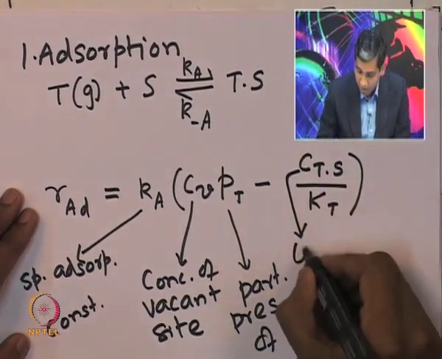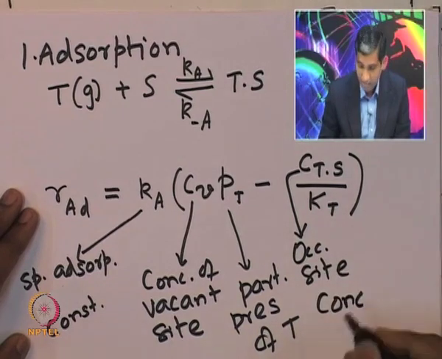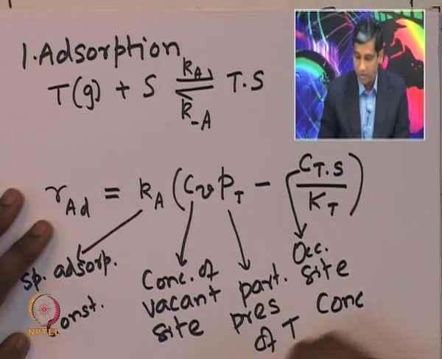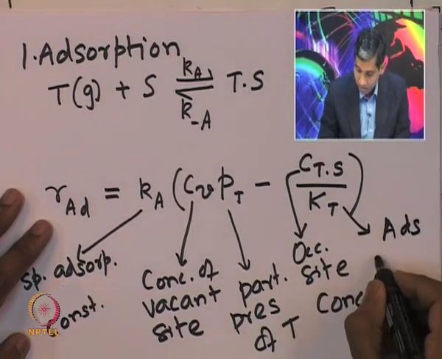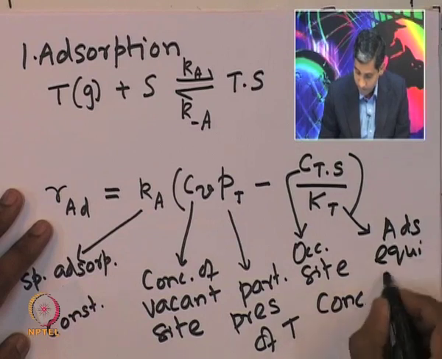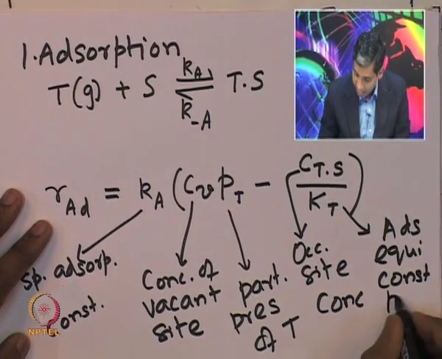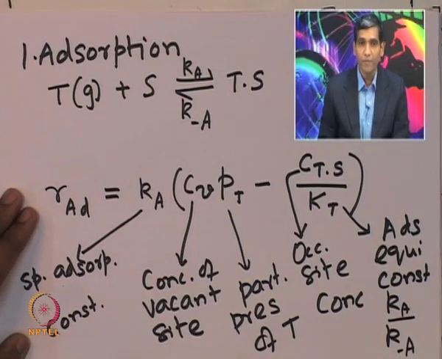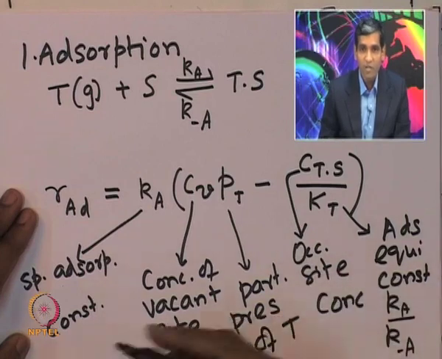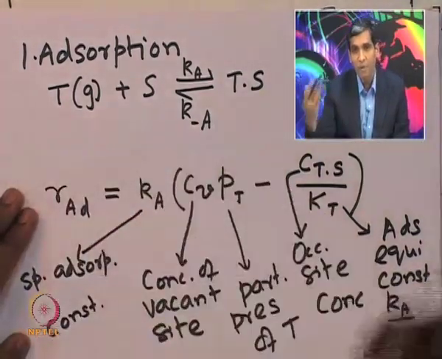Cts is the occupied site concentration, and Kt is the adsorption equilibrium constant, which is typically given by Ka divided by K minus A. So, that captures the rate at which the toluene in the gas phase gets adsorbed onto the catalyst site.